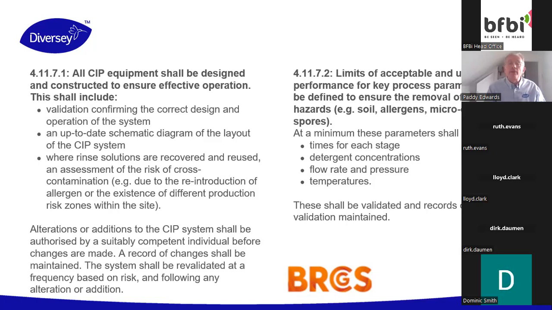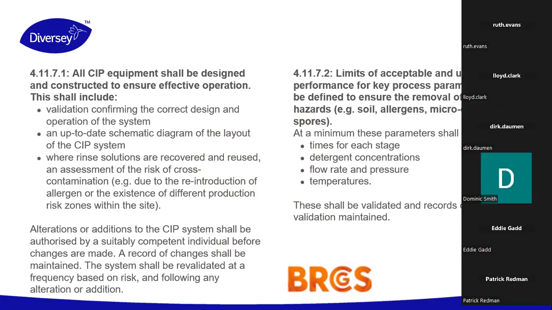And also the fact that limits of acceptable and unacceptable performance for key parameters shall be defined to ensure the removal of target hazards. So that at a minimum, these parameters shall include times for each stage, detergent concentrations, flow rates, pressures, temperatures. And these shall be validated and records of the validation maintained. Now that's within BRC version 9.